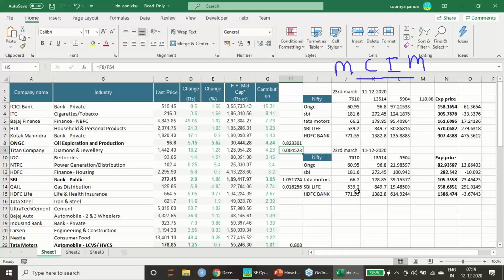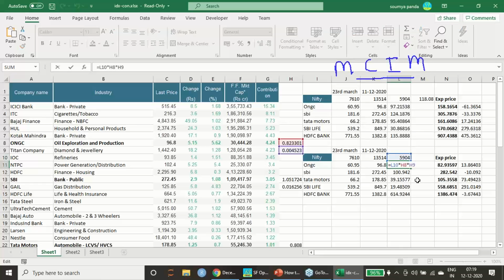When you see the same data points here, what was the price on 23rd March? What was the price on 11 December? Post that, there is a 509 point movement. So what I'm doing here is multiplying the index price movement of 5,904 points with the stock's contribution index and the stock's market capitalization index.